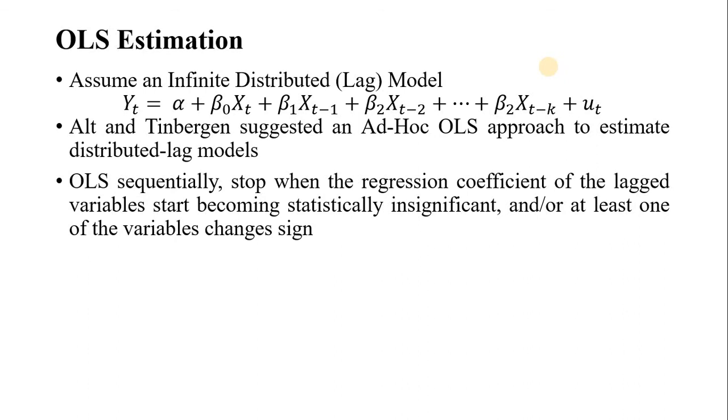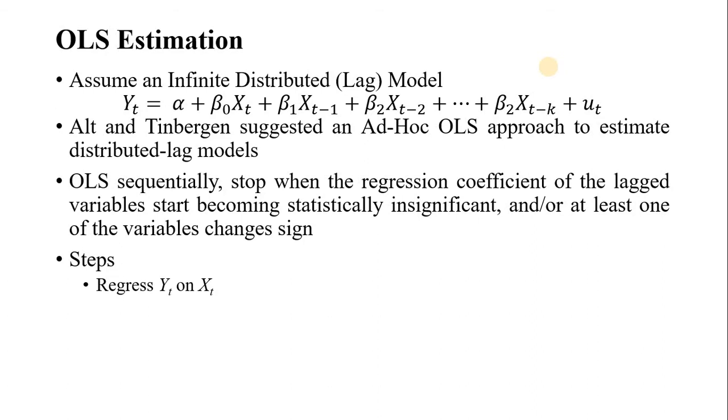Don't take xt minus 3. Or, the coefficient of xt minus 3 may be significant, but the xt minus 1 and xt minus 2 coefficients were both positive, and when we included xt minus 3, its coefficient becomes negative. There also you have to stop.